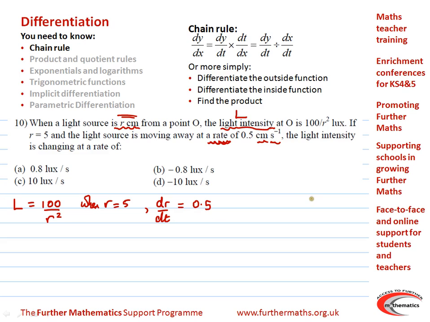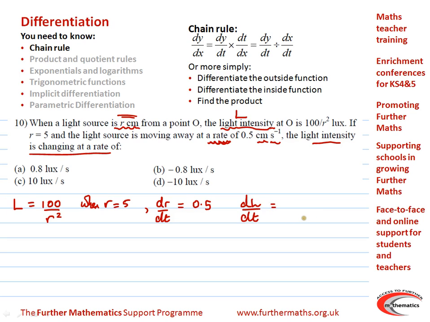Okay, so we've written down all the information that we've been given in the question. We're being asked then to say the light intensity is changing at a rate of. So we're looking for the rate of change of light intensity. We need dL by dt. Okay, so that's what we're looking for. Well, let's have a little look at how we could use the chain rule to get this.